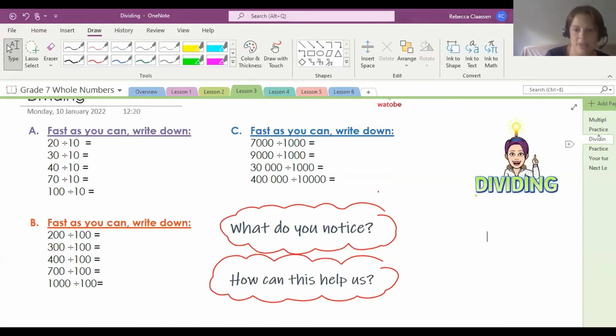And then we've got some ones where we're dividing by 1,000.